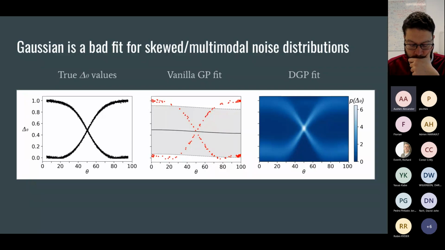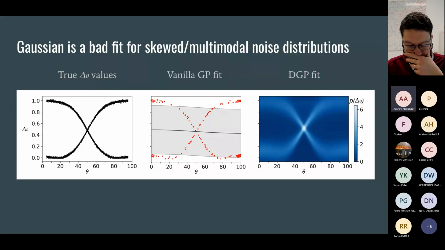So on the right, you see a deep Gaussian process fit, where the shade of blue represents the density of the deep Gaussian process predictive samples. So a part of the solution is to use a more flexible surrogate, for instance, a deep Gaussian process.